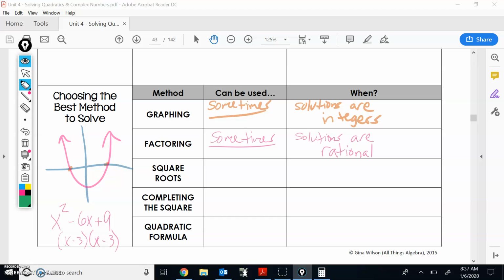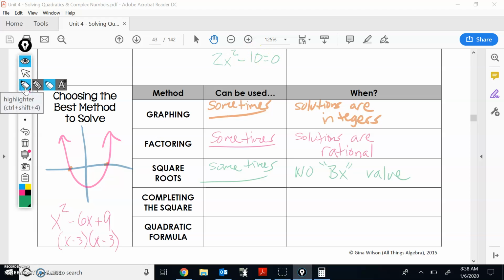We didn't necessarily go into the square root method that much. It's an okay method. It can be used sometimes. I'll show you real quick what it is. It's used when there's no b value, so like no x term. So on the side over here, let's say we have 2x squared minus 10 equals 0.